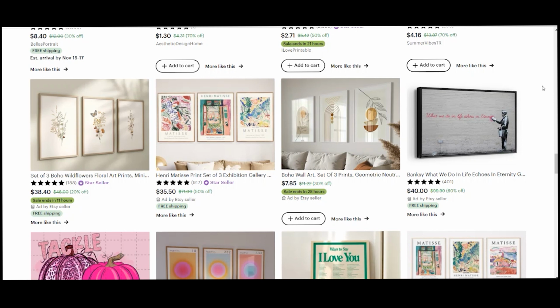You really need to think about what you're seeing, what you're creating, from the customer side. Here you see prints that look as if they are physical. This is really what you want to create. We've talked about this in this video, and we're talking a lot about this on the channel.